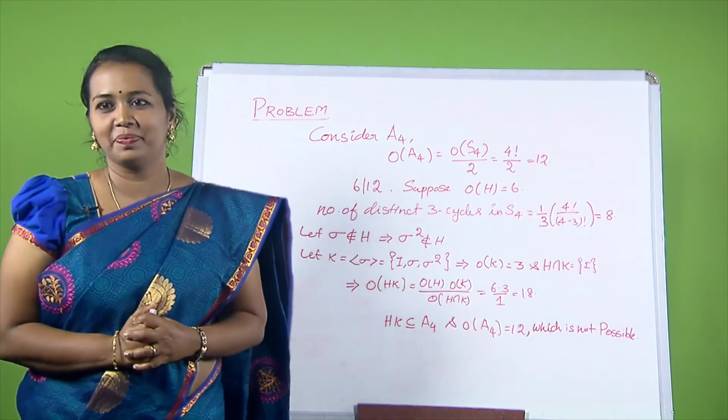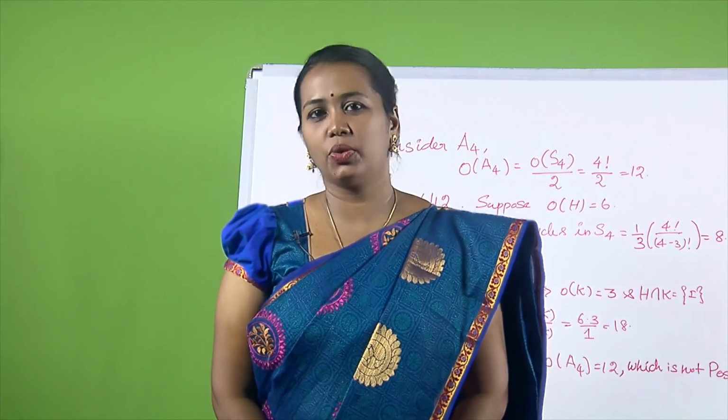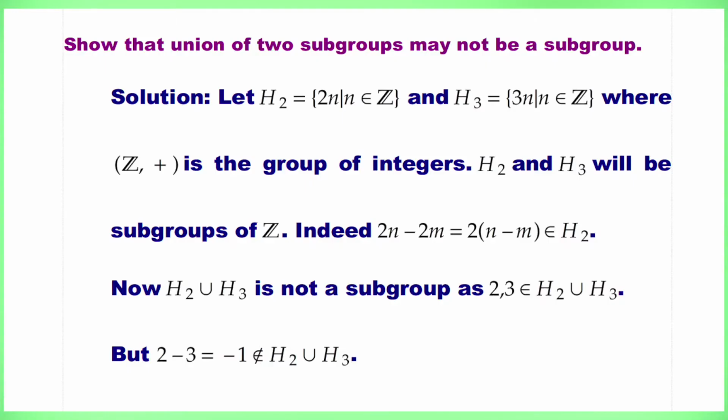The next problem, we shall show that the union of 2 subgroups may not be a subgroup. Let H2 be one of these groups.